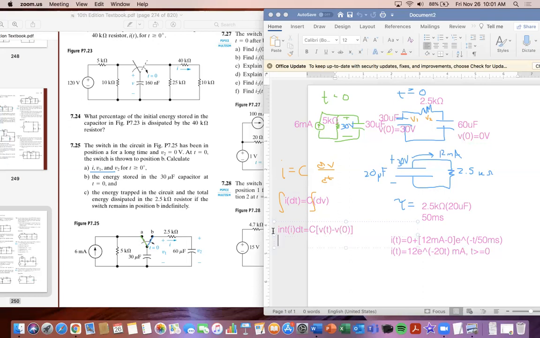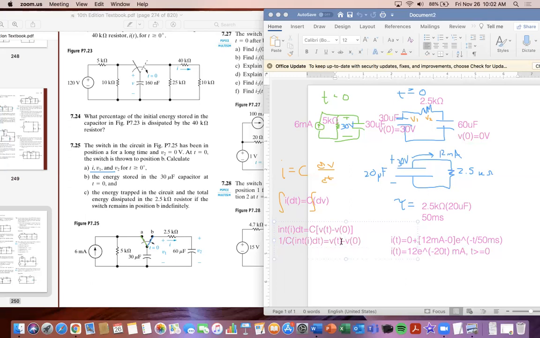Then when you put that over to the other side, divide by C, 1 divided by C times the integral of I dt equals V of t minus V of 0.